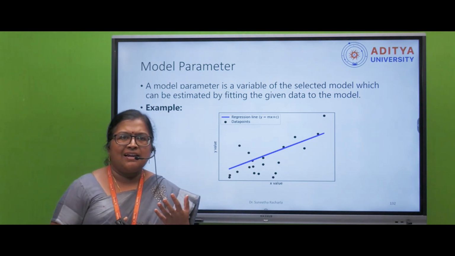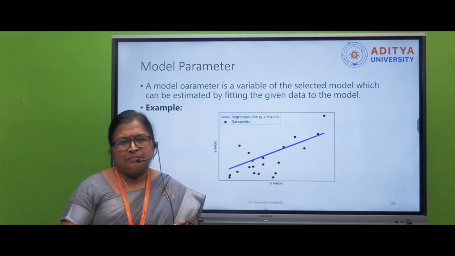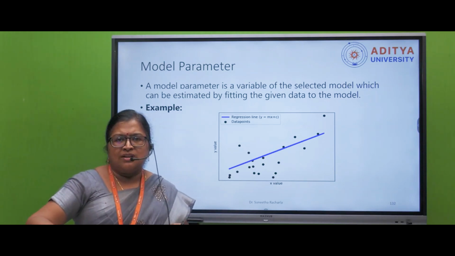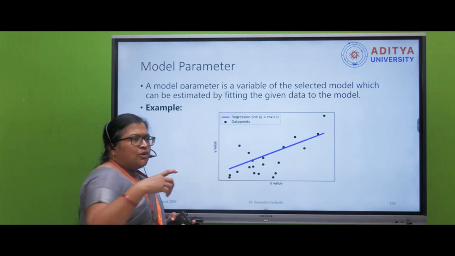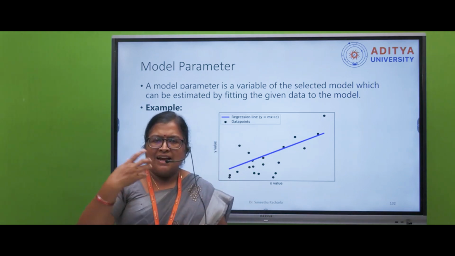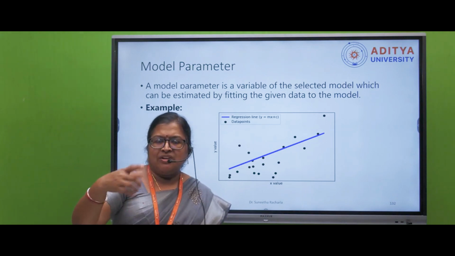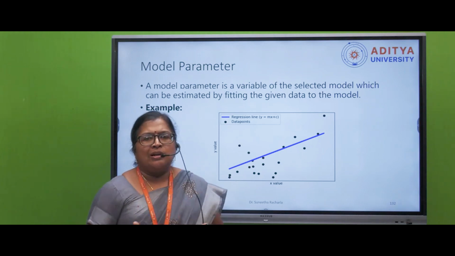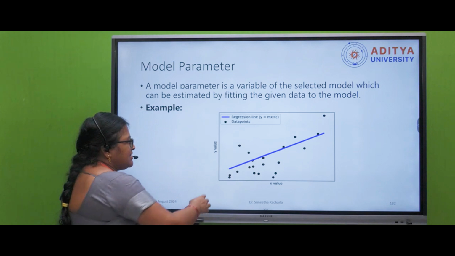For example, in the KNN algorithm we first select the K value, so K is a hyperparameter. The learning rate, how much it has to learn, is also a hyperparameter. But in neural networks, the weights are updated by the algorithm itself depending on training and accuracy, so that is a model parameter. This is the main difference between model parameter and hyperparameter. I hope you understand this.